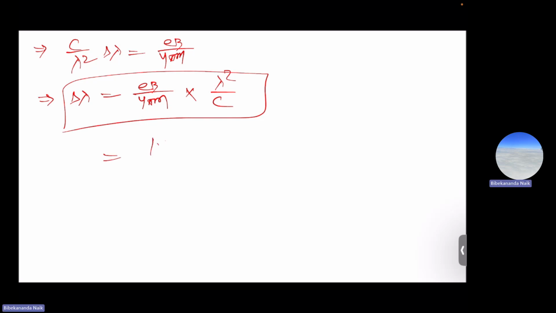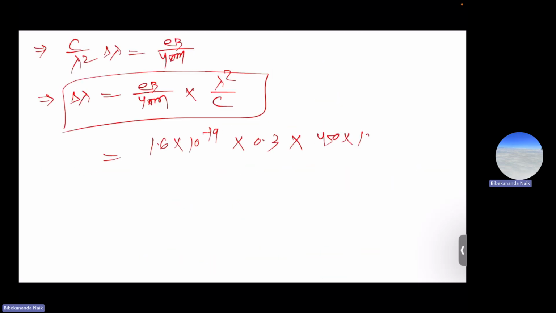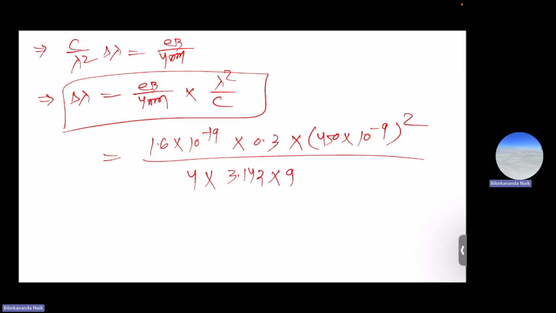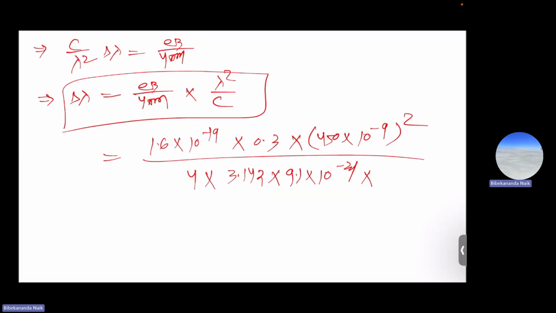If you put all the values, e is 1.6 into 10 to the power minus 19, into magnetic field 0.3 Tesla, into 450 nanometer, so 450 into 10 to the power minus 9 square, converting it into meter. 4 into pi is 3.142, into m, the mass of the electron, 9.1 into 10 to the power minus 31, into the speed of light, 3 into 10 to the power 8.